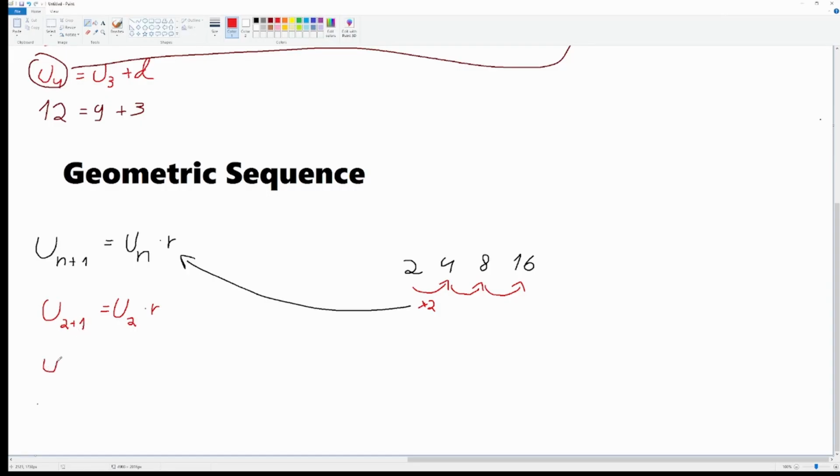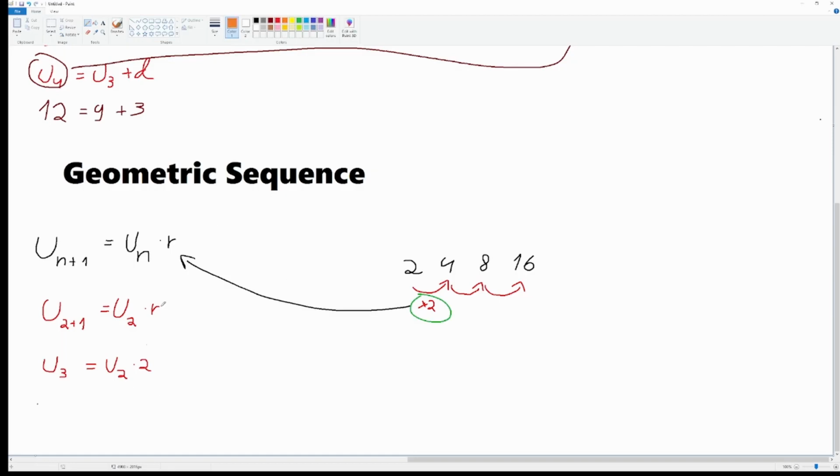And so we get that u_3 is equal to u_2 times 2, because in this case our r is 2, because it keeps getting bigger by 2.